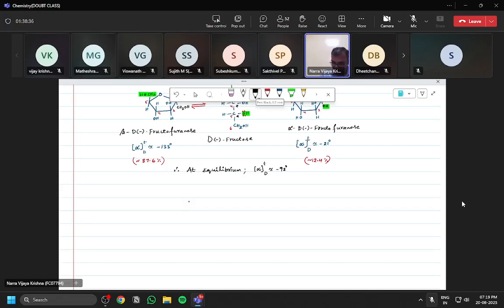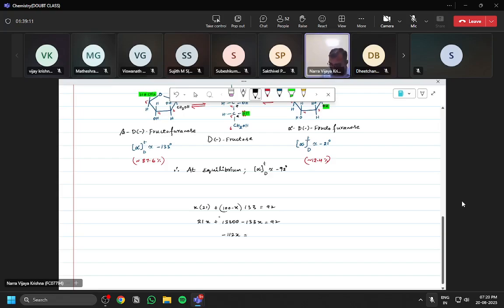Let me check again. Let me assume this as x into 21 plus 100 minus x into 133 equal to 92. Correct? So 21x plus 13300 minus 133x equal to 92. Now this is minus 112x.